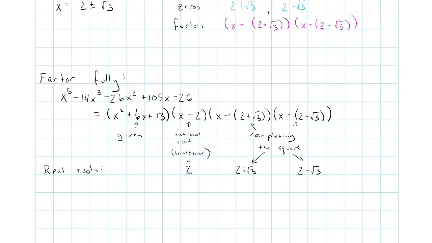And this is what it'll typically look like when we fully factor something. We'll sometimes start given one or more factors. We'll divide by the factors we're given, and then we'll use the rational roots theorem and trial and error to pull out roots until we're down to something quadratic. And then we'll use our techniques for quadratics at the end.